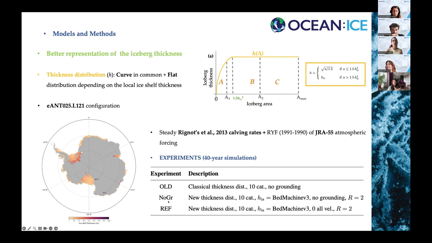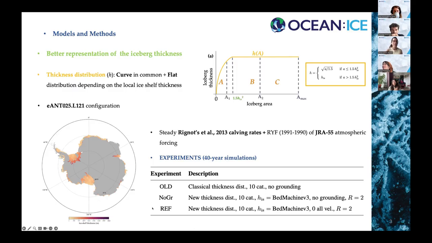Then we have the no grounding experiment. This experiment already considers the new thickness distribution that we have defined, and also implements the Antarctic ice shelf thicknesses obtained from Bedmachine version 3.